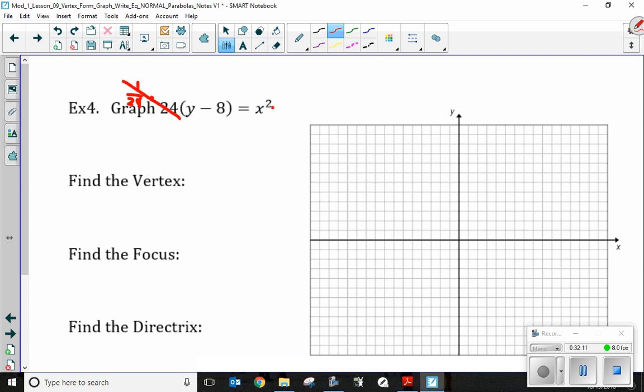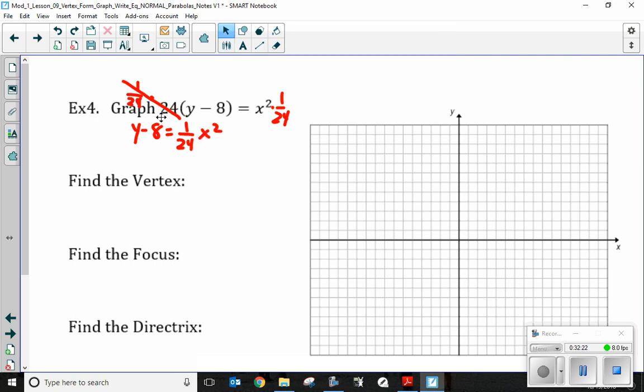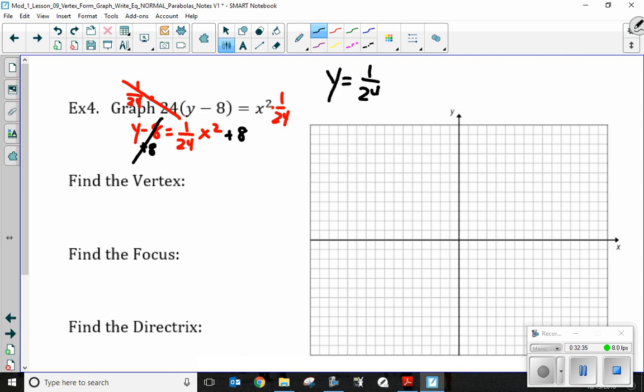So now I have y minus 8 equals 1/24 x squared. The last thing I need to do is add 8 to both sides. So I am all said and done, and I will rewrite this nice and neat: y equals 1/24 x squared plus 8.